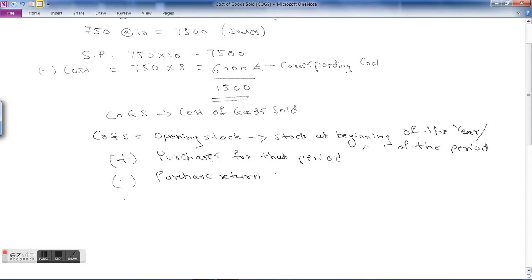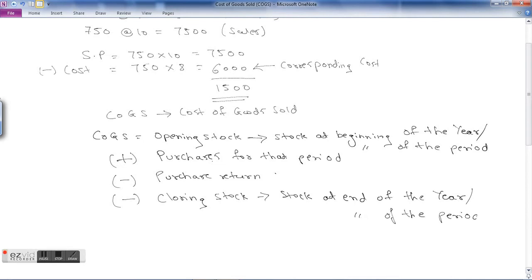Then less closing stock, that is the stock at the end of the year or at the end of the period, whatever is considered. Now this will give you cost of goods sold.